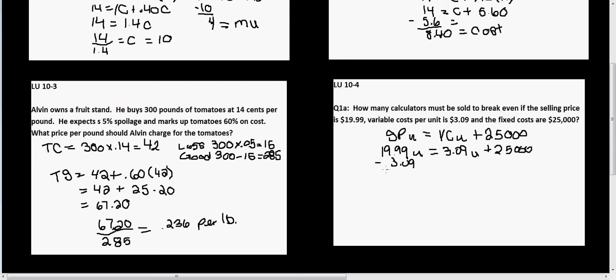That means now we are going to have 1690 per unit is going to equal 25,000. Now we have to isolate that unit, and the way to do that is to divide both sides of the equation by 1690.